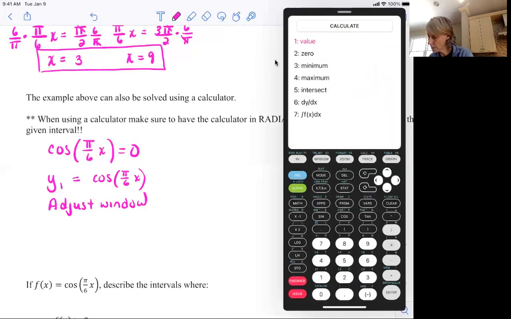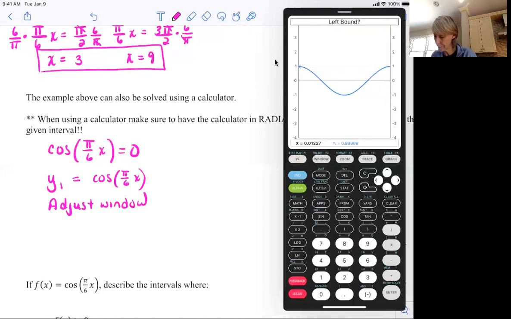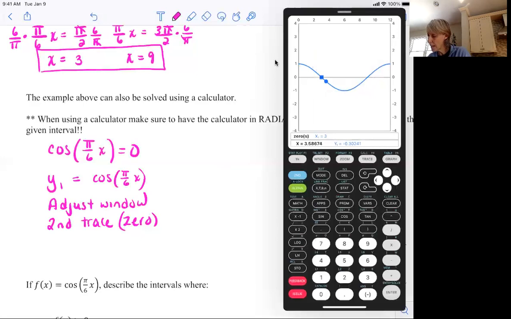So we second trace 0. And it's going to ask for a left bound. I've got to figure out where my cursor is. So I'm going to move along the x-axis and get close to that x-intercept. Hit enter. Right bound. Hit enter. And my 0. Right, so left bound, right bound.